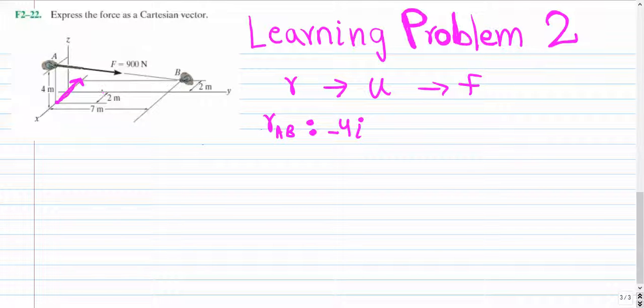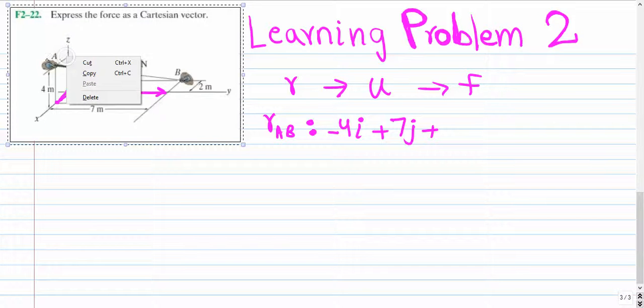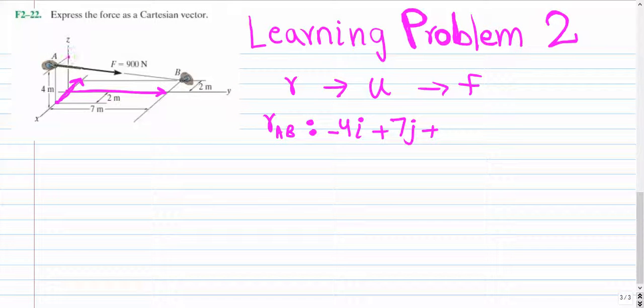For the y-axis, the vector starts from here and moves for 7 meters, so we have plus 7j. And lastly, for the z-axis, the vector moves from here downwards.